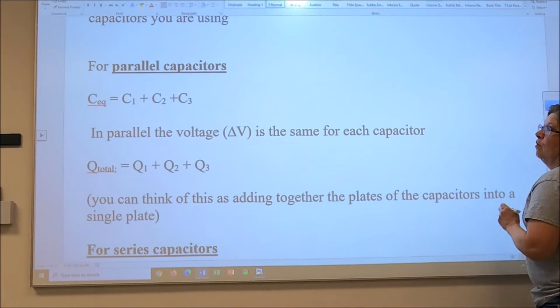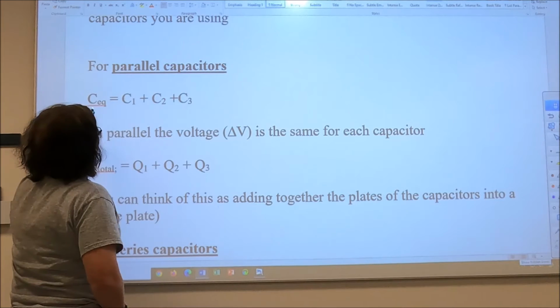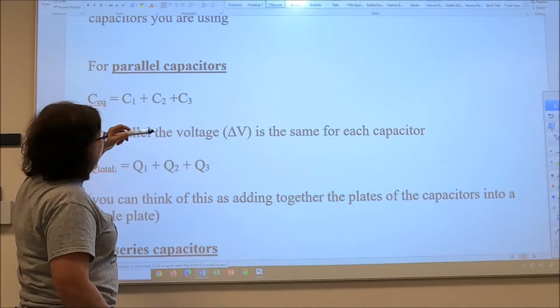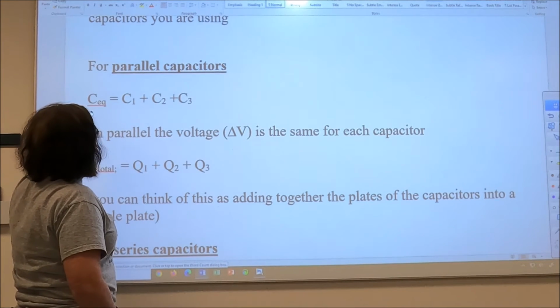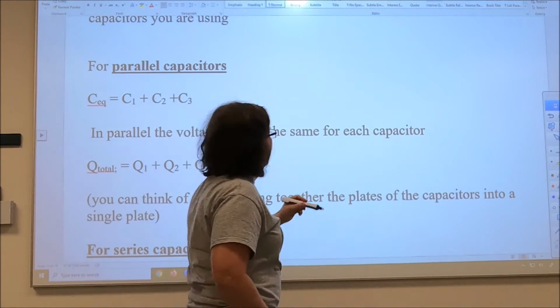For parallel capacitors, meaning side by side, the equivalent capacitance is just the sum of the capacitors.